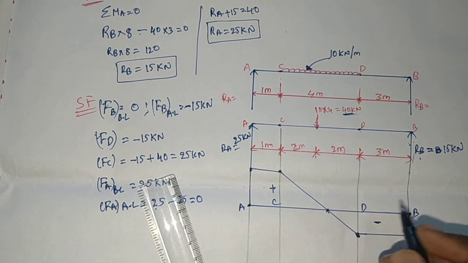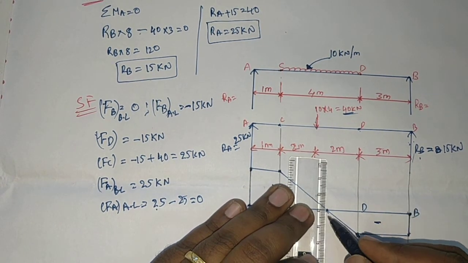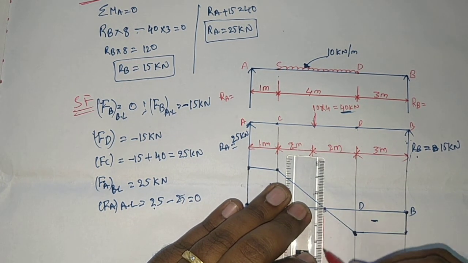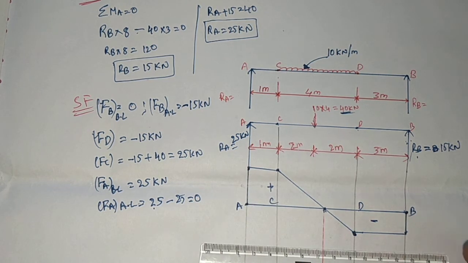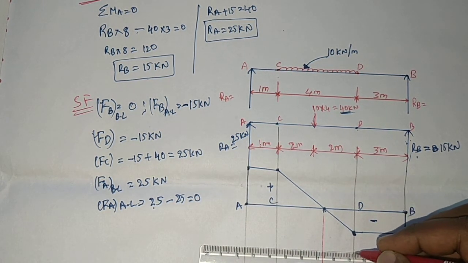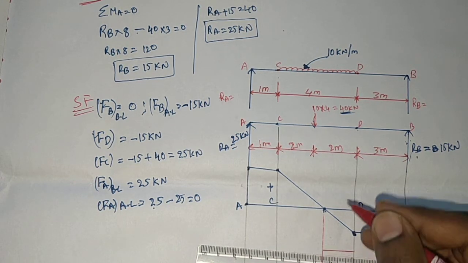Here at this point the shear force is 0, so we need to calculate the location where the shear force is 0 for calculating the maximum moment. Here from B to D we know the distance, so I am taking the distance from D to this point.